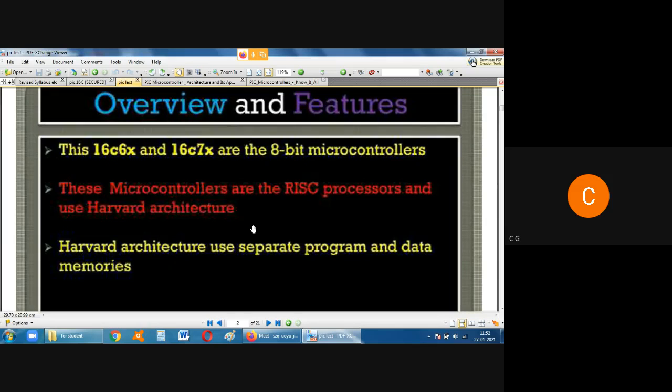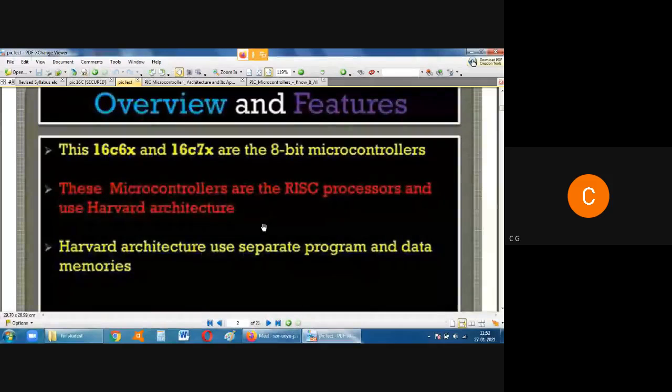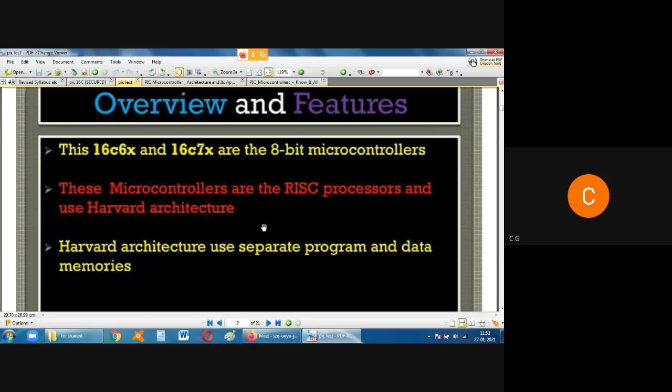Basic is the ALU, then it must have memory, a central processing unit or arithmetic logic unit. After that, it must have a bus structure, other registers, program counter, stack pointer, and timer or oscillator. So these are the main 4 to 5 ingredients of any processor or microcontroller.